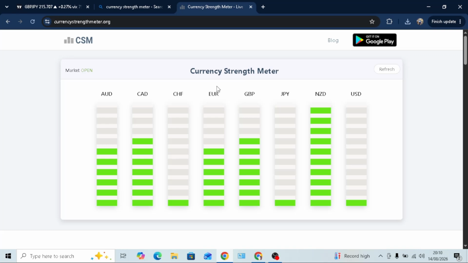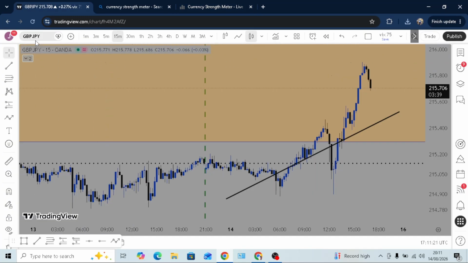Now, another way you can also avoid bad trades is by avoiding pairs where both currencies are weak. In this case, if I take the CHF and the JPY, since they're both weak, you will notice that on this particular day, the price is just going to range on the side. It won't have a clear direction since both currencies are weak. Let's check it out.